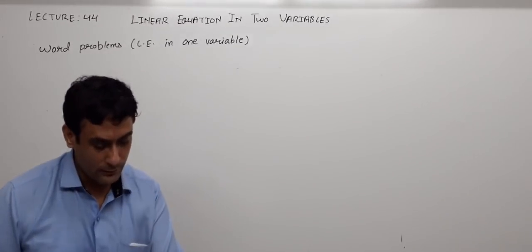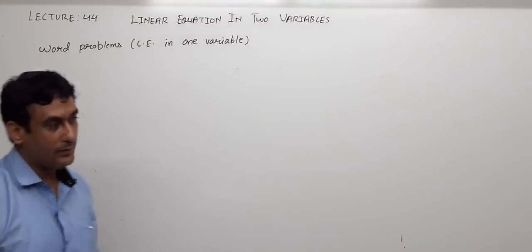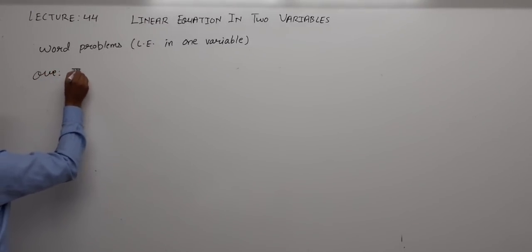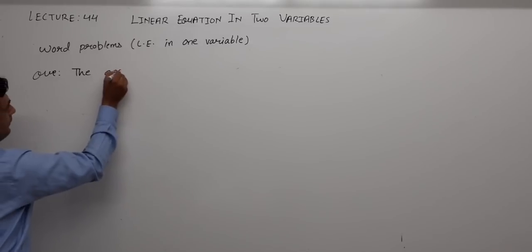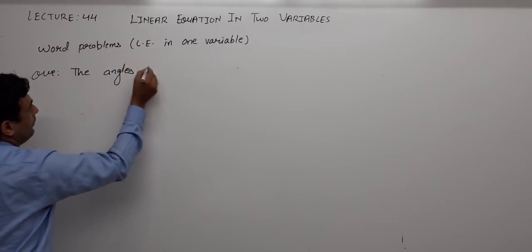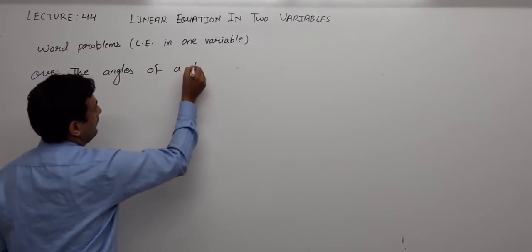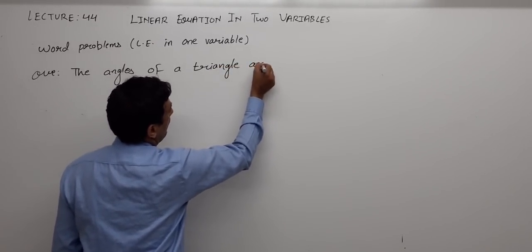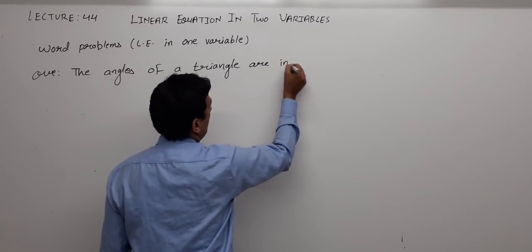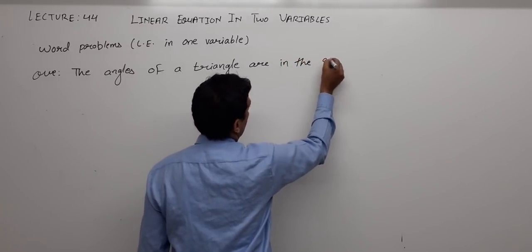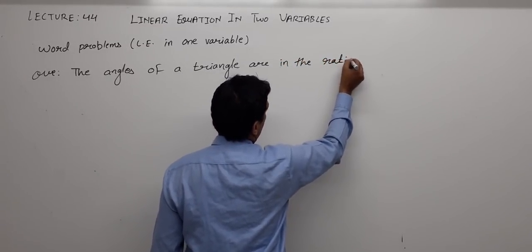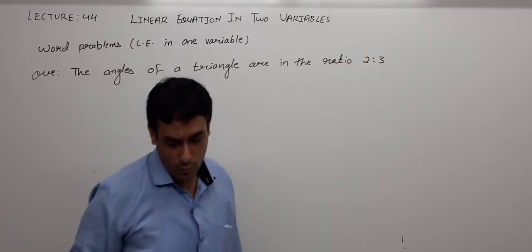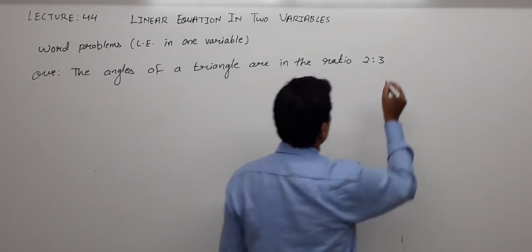So, very first question: the angles of a triangle are in the ratio 2:3:4.